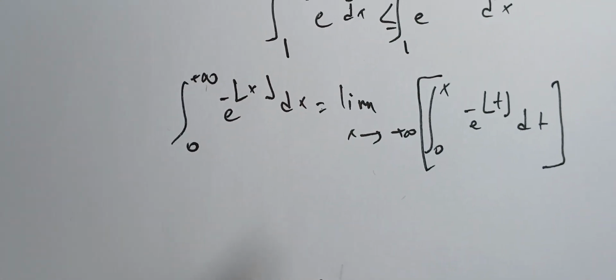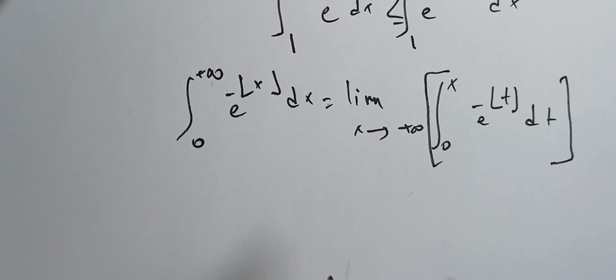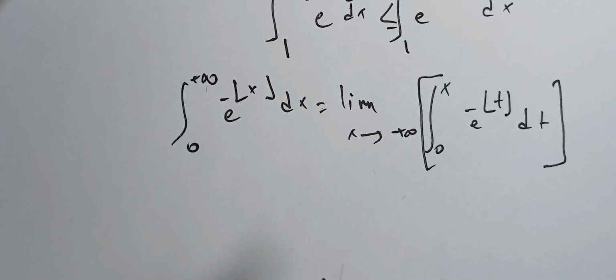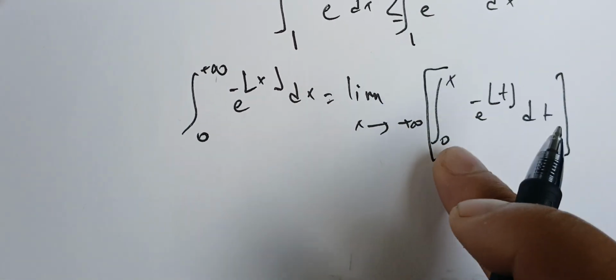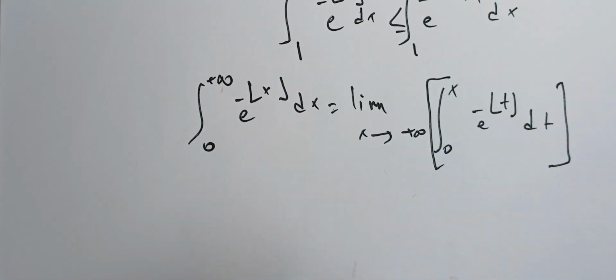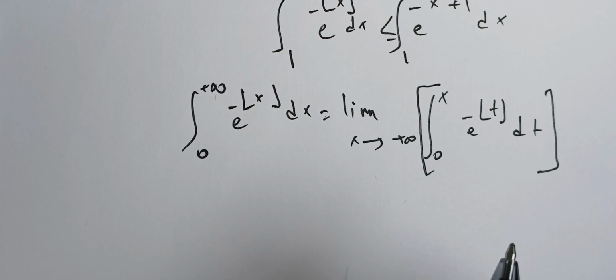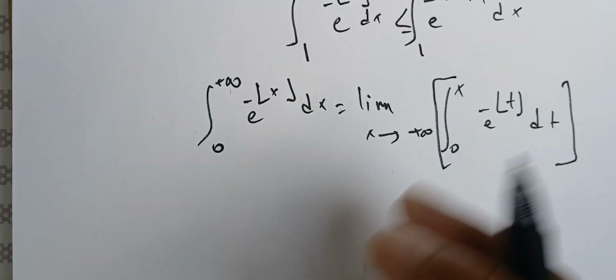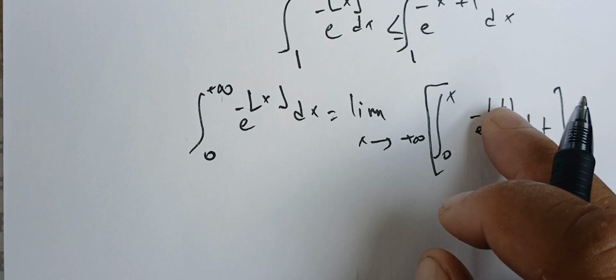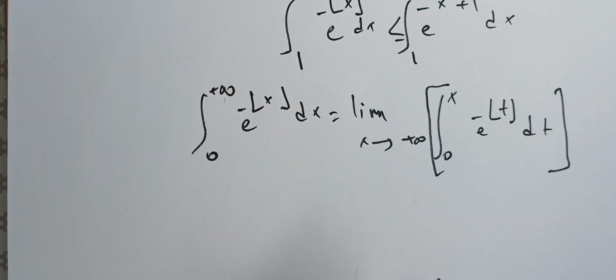The next thing that we have to see is that we will split this interval 0 to x into small intervals or subdivisions where the floor of t is easy to compute.